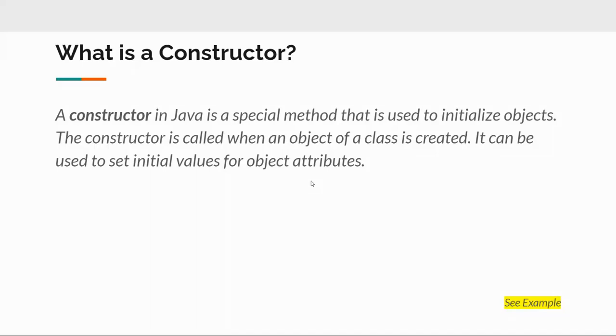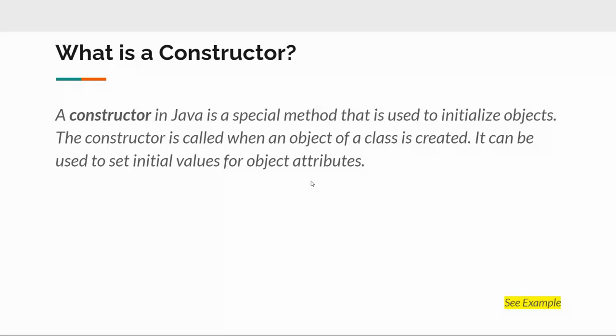What is a constructor? In Java, a constructor is a special method. One thing that you need to understand about constructor is it is a method. You have already created methods yourselves before, so how it looks in terms of its syntax is very familiar to you.